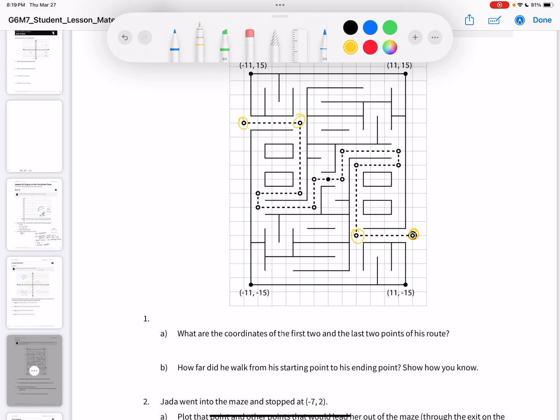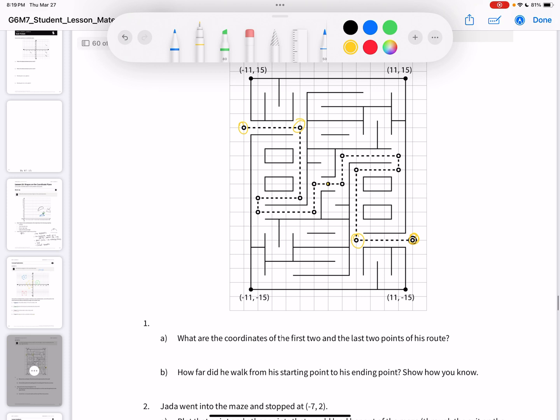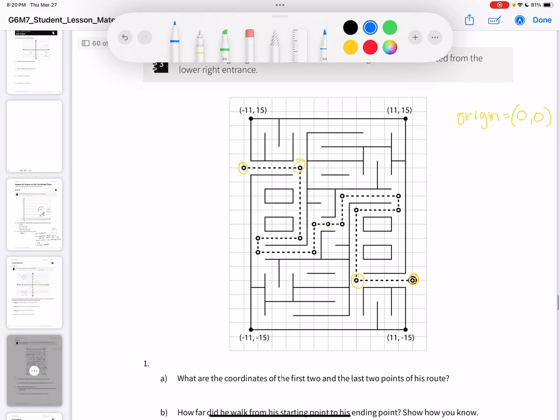Now, what's cool about this is we have this dot right here in the center, and that is our origin. And remember, an origin is 0, 0. So x is 0 and y is 0. So if that's our origin, that means we can draw a y-axis and an x-axis through that point.